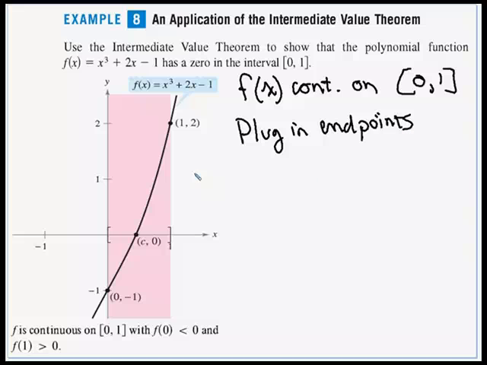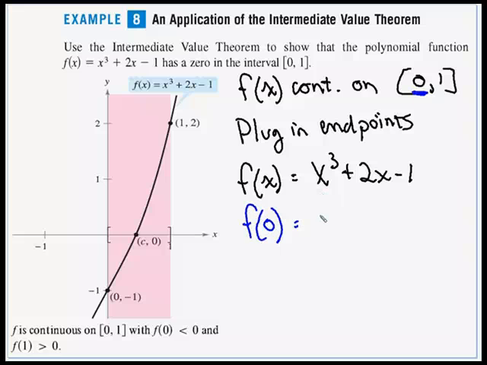So our function was f of x is equal to x to the third plus 2x minus 1. And I'm going to first plug in the endpoint 0. So f of 0 is going to be 0 to the third plus 2 times 0 is 0, minus 1. That's equal to negative 1.